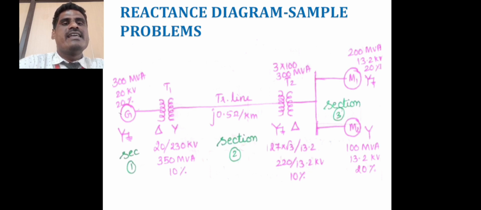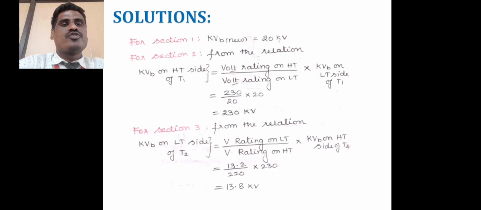For section 2, from the relation, KVB on the HT side of T1 equals the voltage rating on HT divided by the voltage rating on LT, multiplied by the base kV.